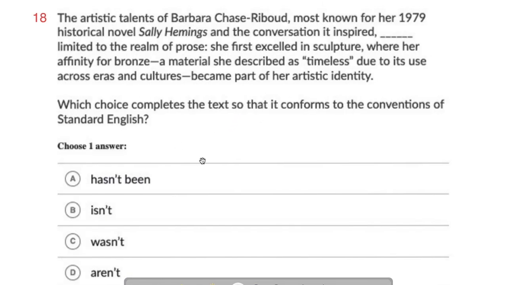18, the artistic talents. And so another verb question, but this one is going to be subject-verb agreement. Again, it's quite a bit like the previous ones that we saw, in that we've got an interruption, a prepositional phrase, and we really want to make sure we identify the subject, talents.